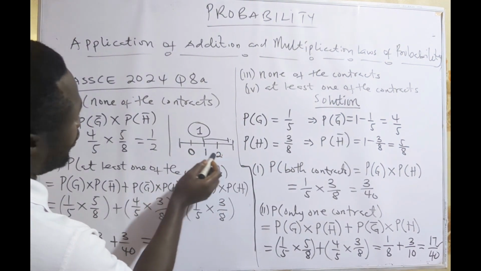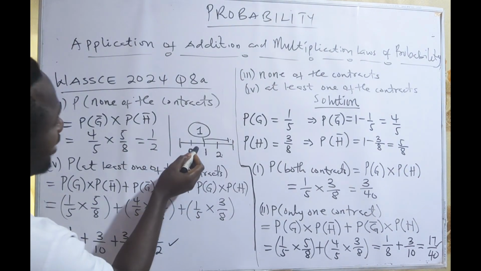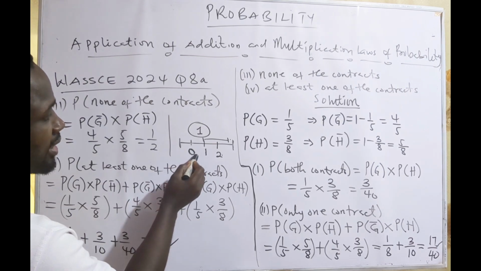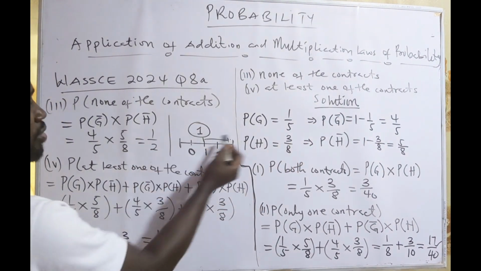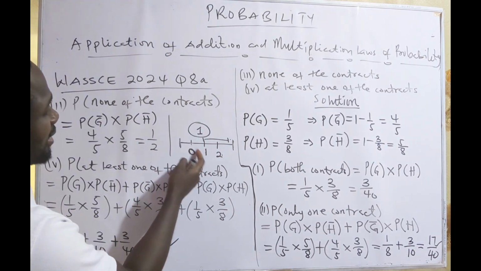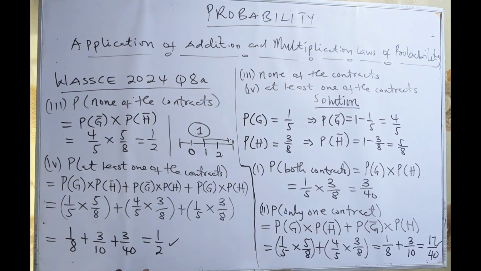So to do the same question in another way, I can find the probability that the company doesn't win any of the contracts. Then I subtract from 1 and it will give me this side, because from here to here, the totality of the probability is 1. This is very important, especially for elective math students.